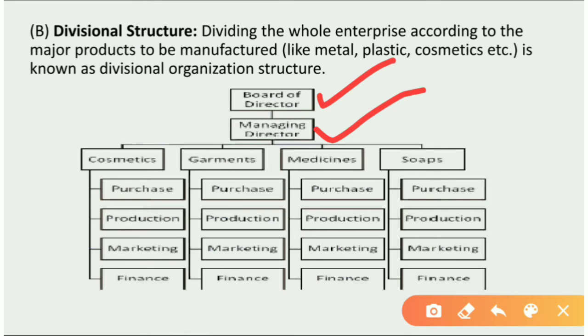So under them there are different products they produce. For example, just assume that one organization is producing different varieties of products, is dealing in different product lines. It is dealing in cosmetics, garments, medicines, and soap.